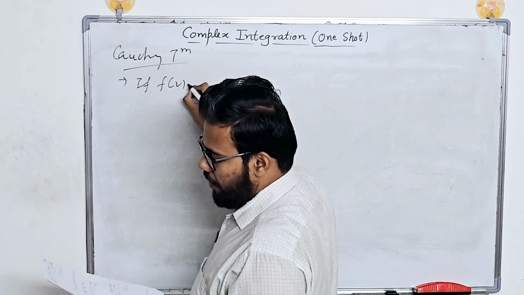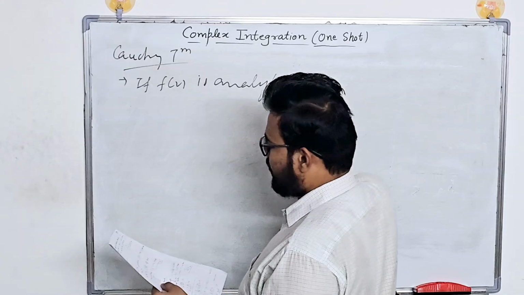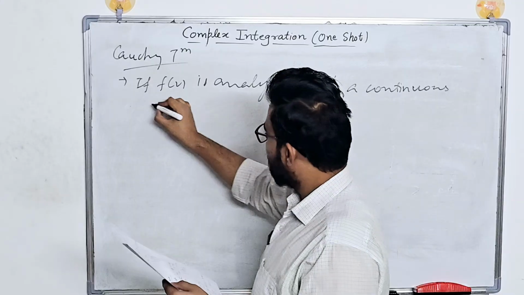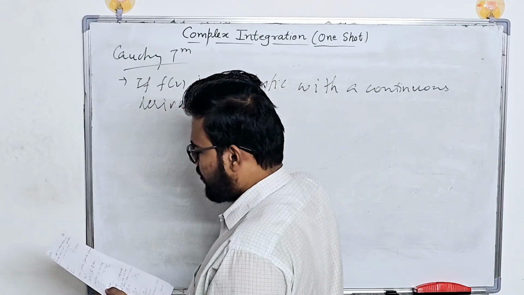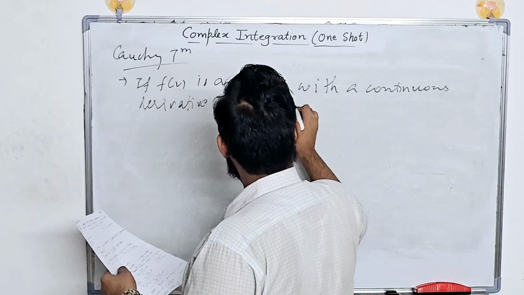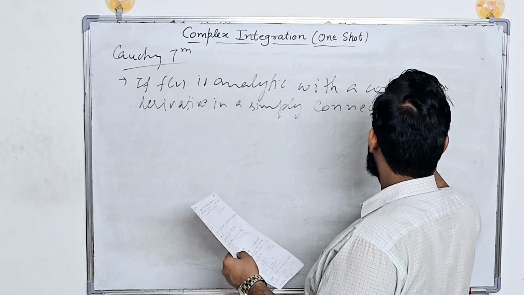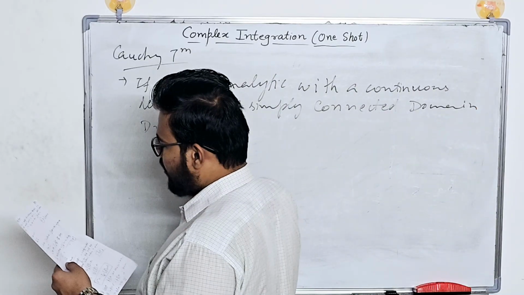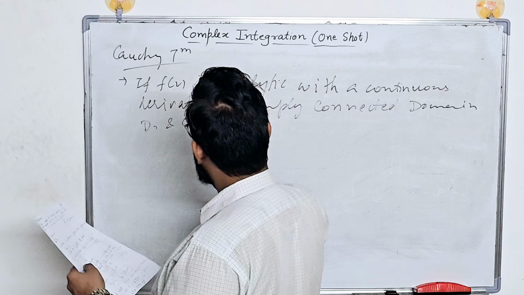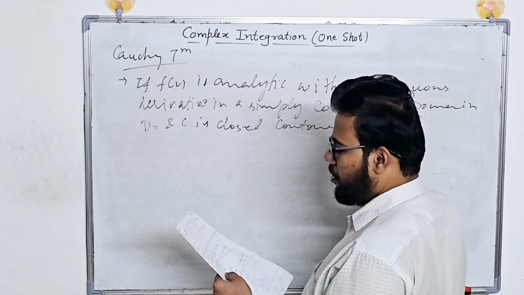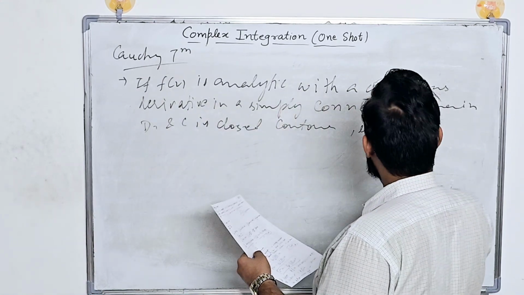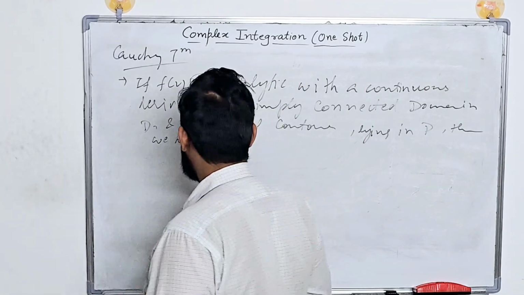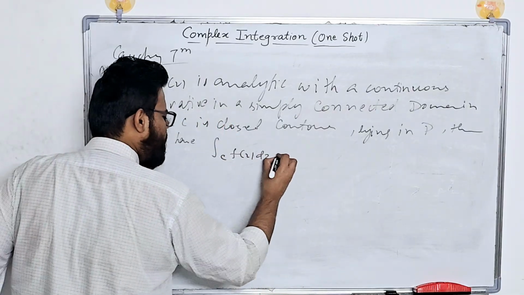If f(z) is analytic with a continuous derivative in a simply connected domain D and C is a closed contour lying in D, then we have the integral of f(z) dz is equal to 0.